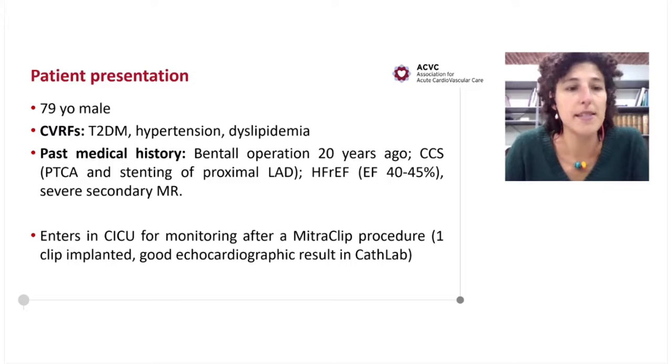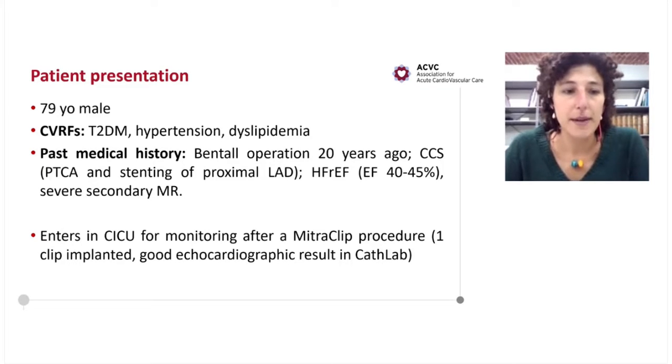On his past medical history, a dental operation 20 years ago, a chronic coronary syndrome with previous revascularization of the LAD, mildly reduced ejection fraction heart failure with a previously known ejection fraction of 40 to 45%, and a severe secondary mitral regurgitation.